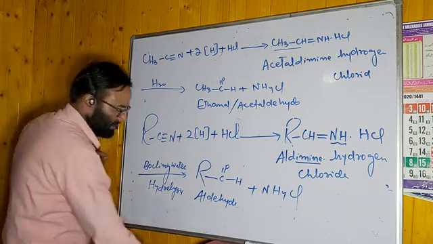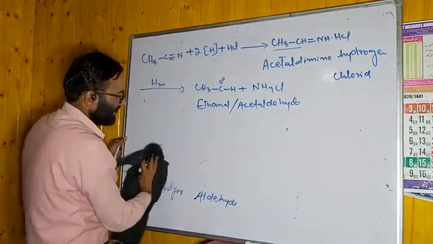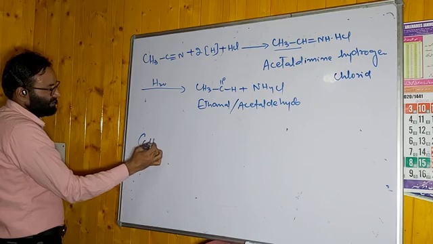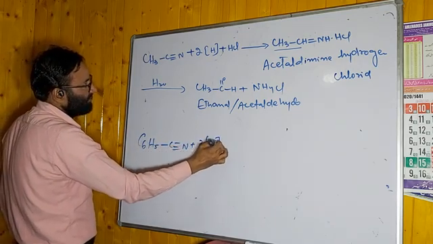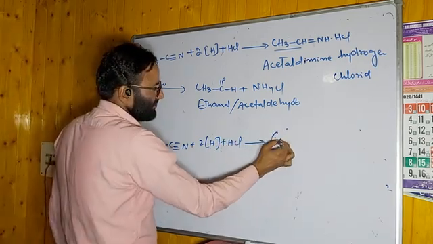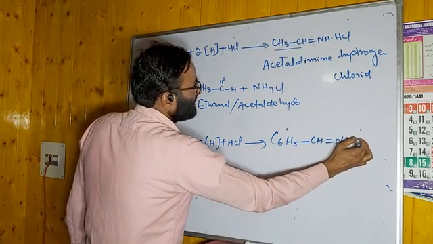You can take also the benzene ring here. You can mention another reaction by taking the aromatic aryl group. You can take the C6H5 benzene ring, C triple bond N plus twice nascent hydrogen plus HCl. Reaction will occur in the same way. C6H5 CH double bond NH HCl.